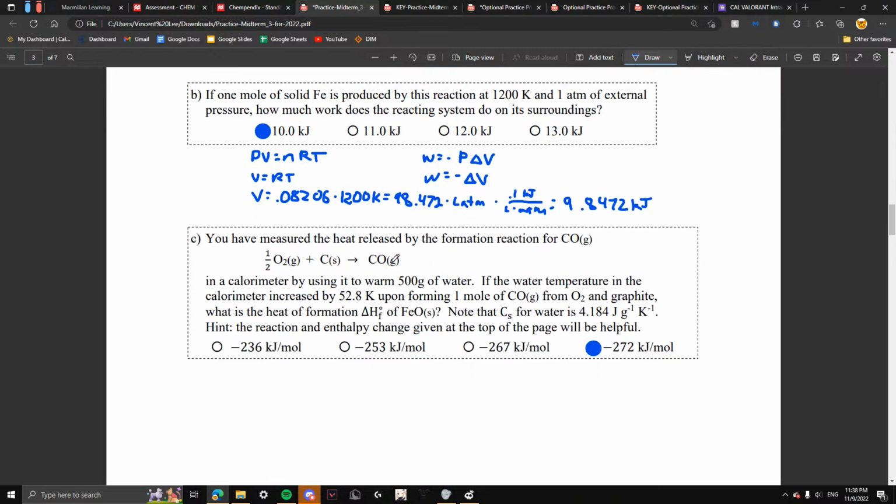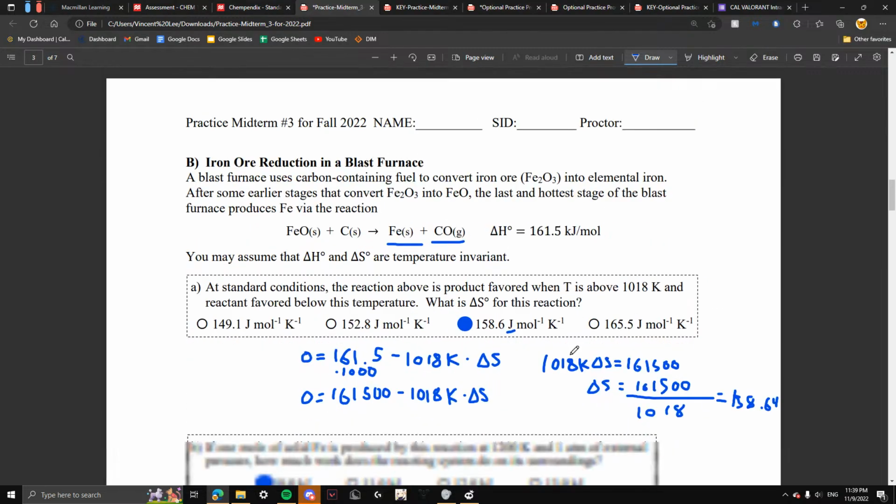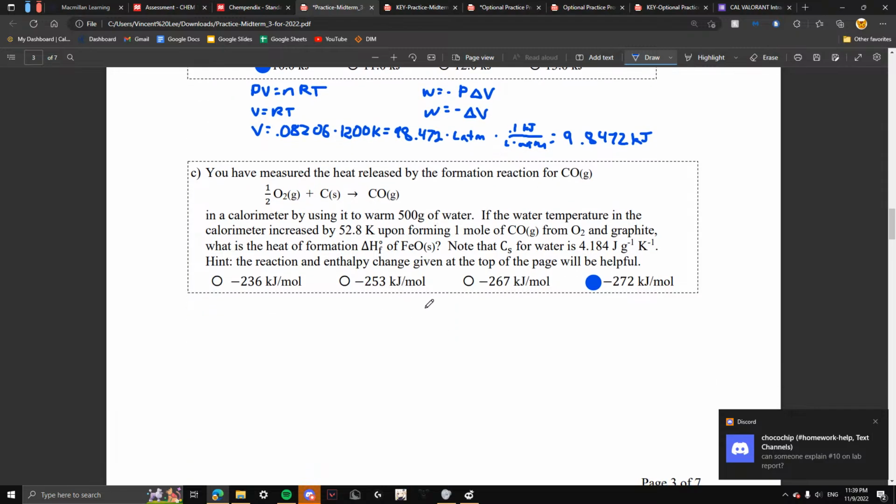I scrolled too far. Okay, for this one, we have to use the specific heat of water to see how much it changes in joules, as well as the formation of this up here. So we also have to remember that. So first, let's find out how much energy it took to heat up the water. So it's 500 grams and 52.8 Kelvin.